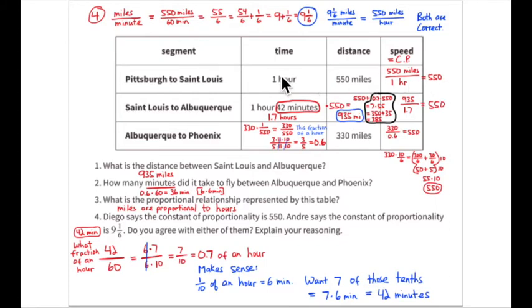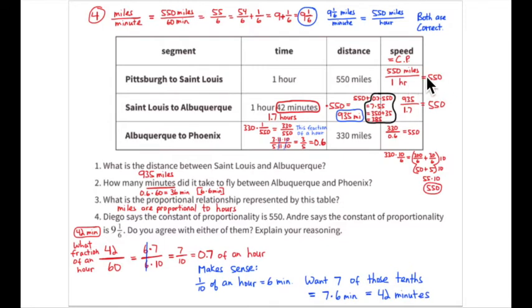So the number of units of distance is always going to be 550 times this number of units of time. So the units of time in this case is 1 hour. 550 times that is going to give you the distance, 550 miles.